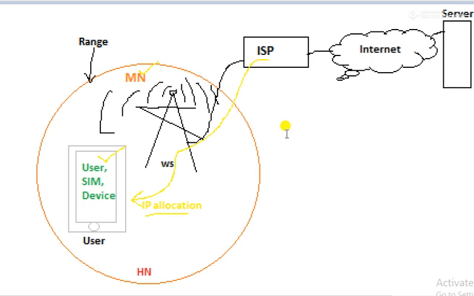So right now consider again the example. Let's say right now this user is ready to access services of this ISP through the provided network. Now services can be anything. It might be calling, it might be delivering messages, it might be accessing internet and so on.